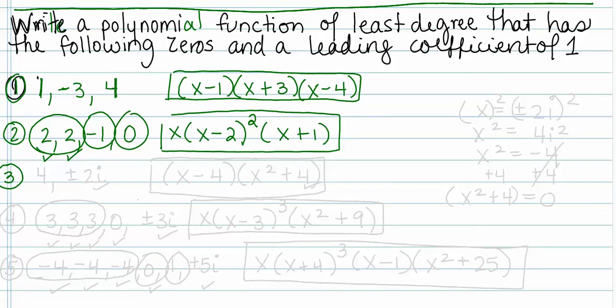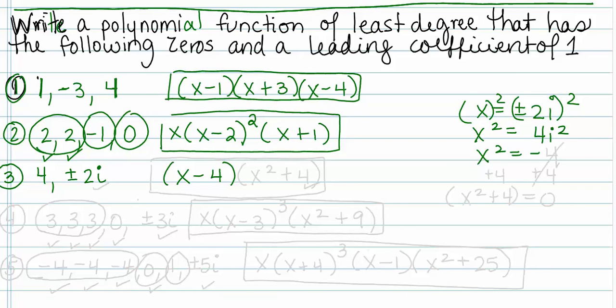Number 3 is 4, and then plus or minus 2i. The 4 came from an x minus 4, and for the plus or minus 2i, if x is equal to plus or minus 2i, and we square both sides, you get x squared equals 4i squared.